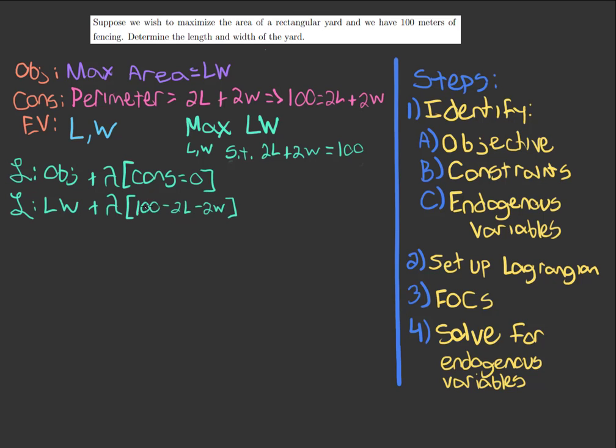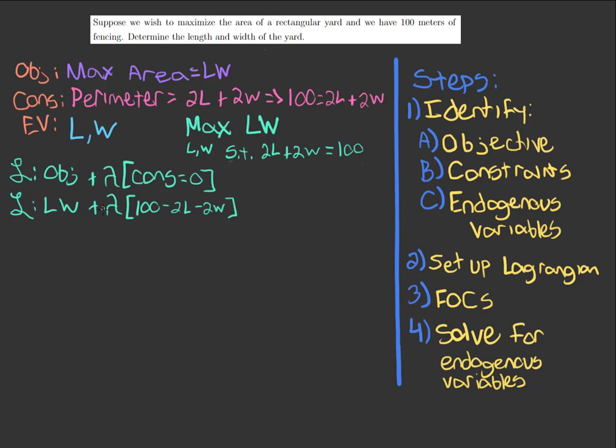What I did in the constraint part of the Lagrangian is I took our perimeter constraint and moved the 2L and 2W over to the left-hand side. When we do that, the constraint is equal to 0. So I just subbed that into the brackets in the Lagrangian.